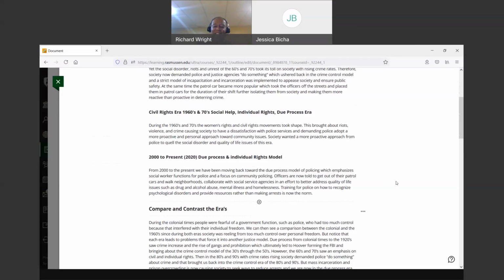But police are, as it says in this last sentence, trained on how to recognize psychological disorders and provide resources. We are witnessing in our era now where police officers are getting training, thank God, for dealing with individuals who have mental health issues.